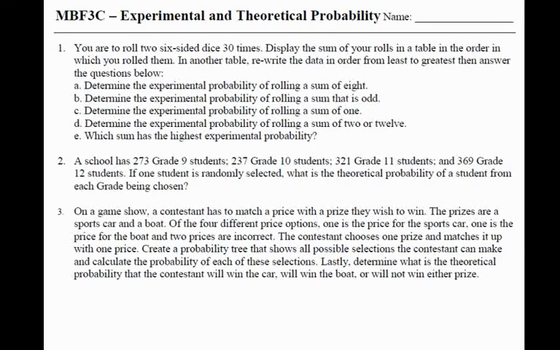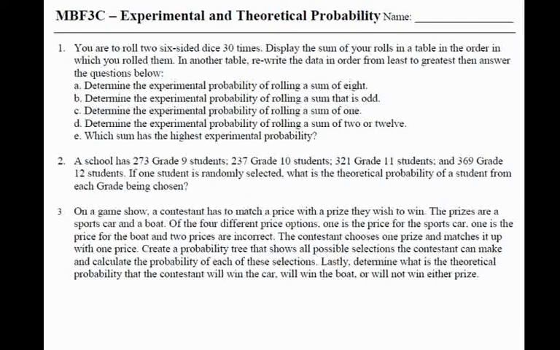So the assignment for this lesson is listed here. The first task, you'll have to roll two 6-sided dice 30 times. Now, if you don't have two 6-sided dice, you can use the dice rolling website that I've provided for you, and that could be what you use to roll.